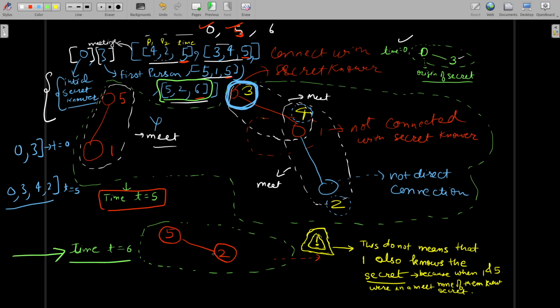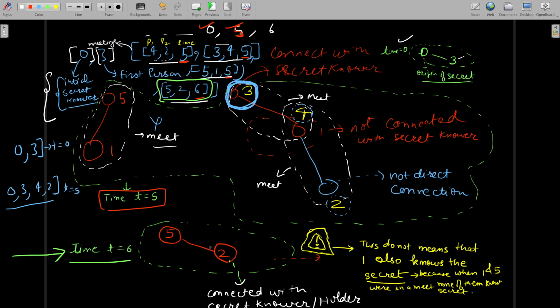But the thing to be noted here is, although 2 is knowing the secret, 2 is connected with the secret knower, or let's say holder.